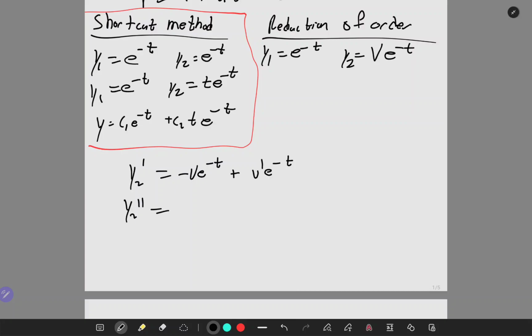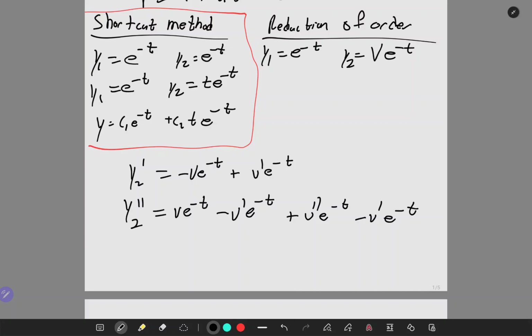Yep. And then we have to do the product rule twice now for the second derivative. So then this will be v e to the negative t minus v prime e to the negative t plus v double prime e to the negative t minus v prime e to the negative t.